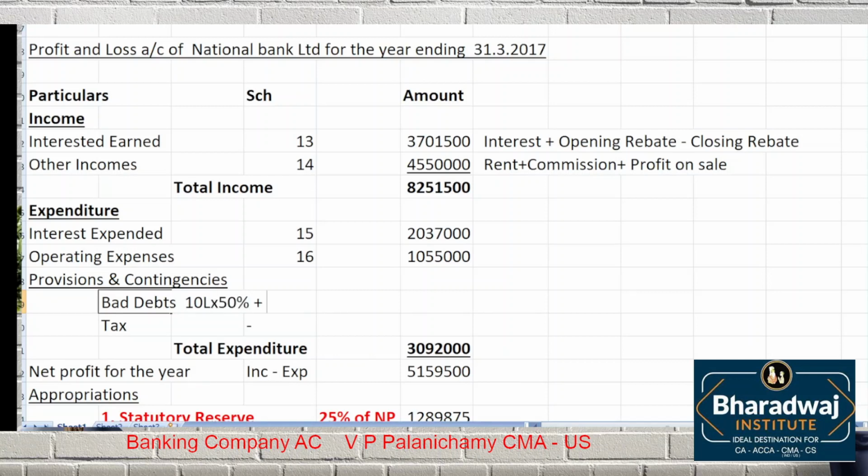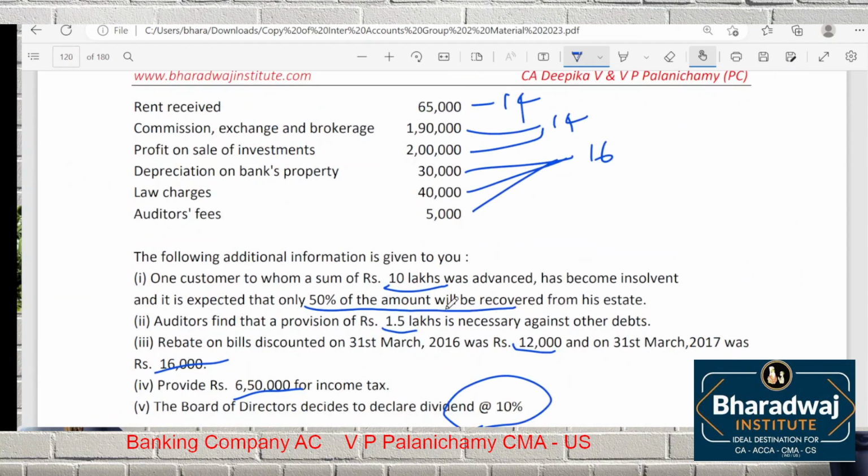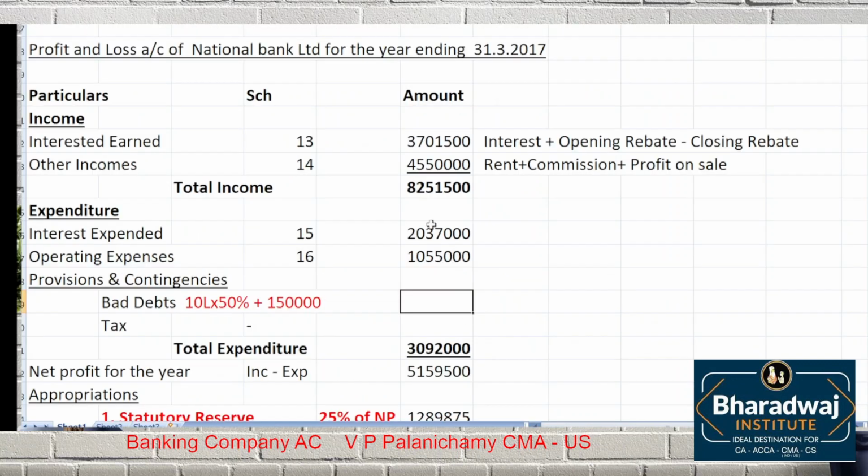Bad debts 10 lakhs into 50% plus that additional bad debt 1,50,000 to be provided. Both you take it. How much? I'm not preparing the schedule because I've asked you to try then continue the video. It's like a homework problem which I'm giving the solution. 4,55,000 only. Schedule number 16.